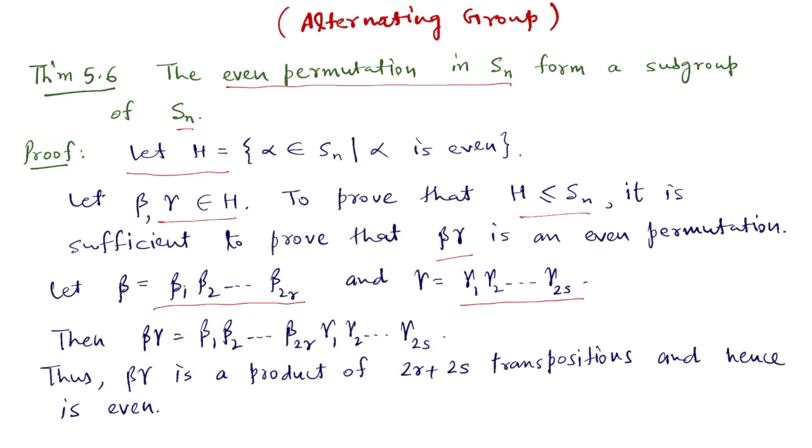And so beta gamma is equal to beta 1, beta 2, up to beta 2r, and then gamma 1, gamma 2, up to gamma 2s. And these are 2r plus 2s transpositions now. So beta gamma is a product of 2r plus 2s transpositions, and these are even, of course, and therefore beta gamma is an even permutation, and this shows that the set of all even permutations in Sn form a subgroup.